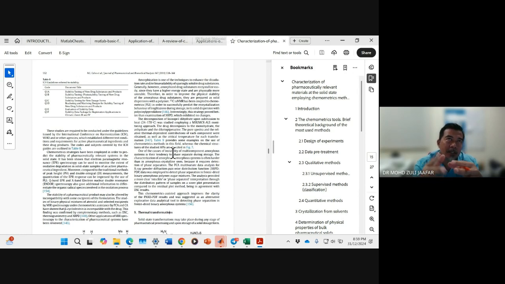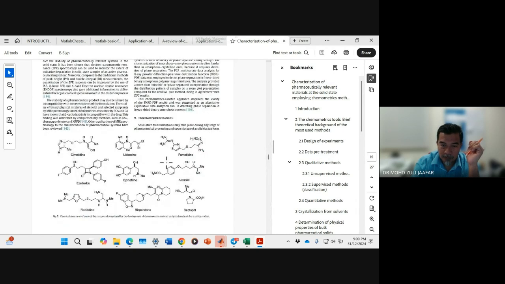So I can say that in this case, the chemometric method can be used to model the shelf life of a pharmaceutical compound, or pharmaceutical ingredient, for example. So they use chemical structure here, where the chemical structures of the studied API are displayed in figure 7. This one. Yeah. Okay. Good.